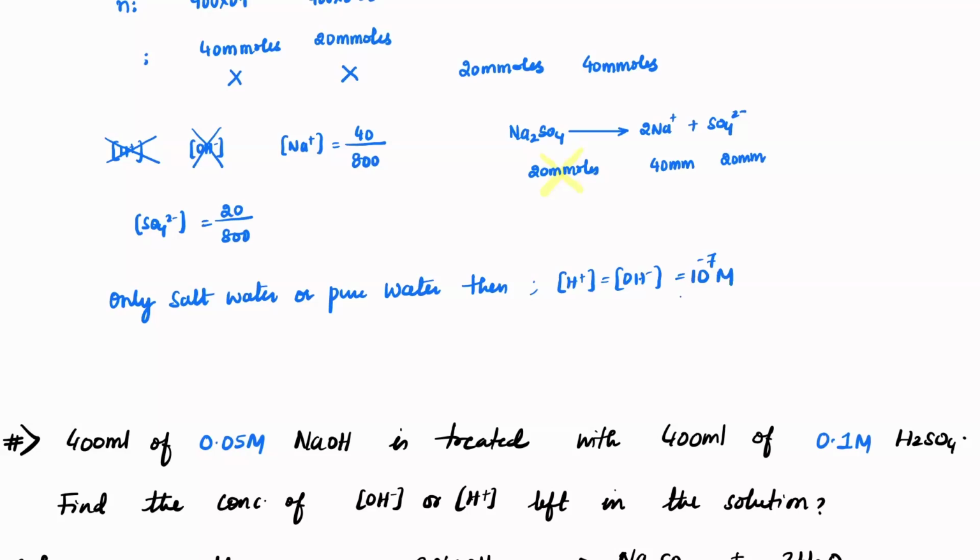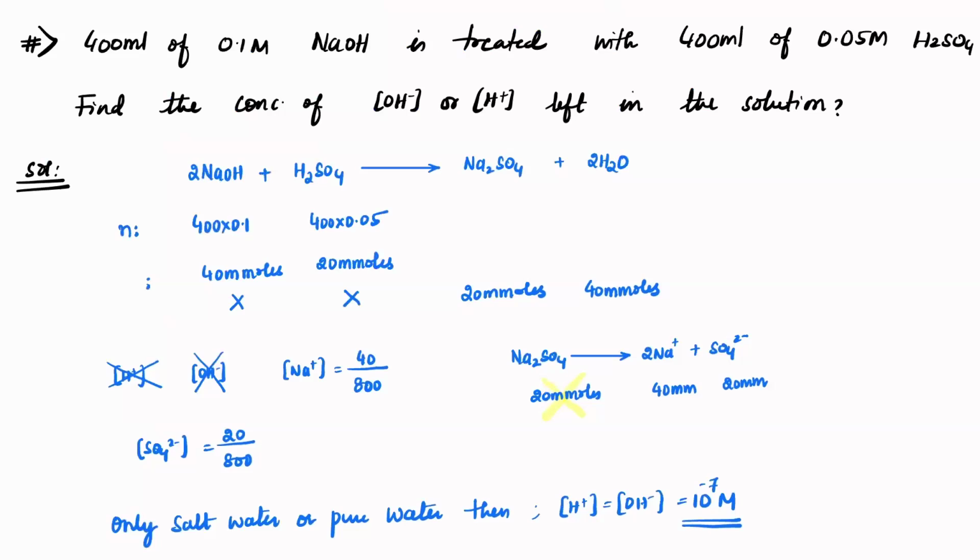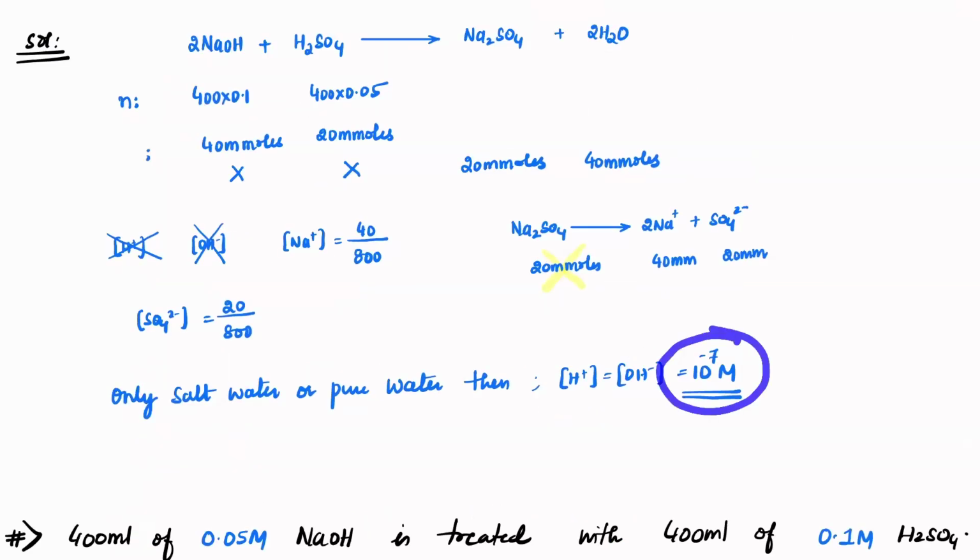So if you are getting a completely neutralized solution, which means acid and base are completely neutralized, and there is no H plus or OH minus present, you will report the answer as 10 raised to the power of minus 7 molar.